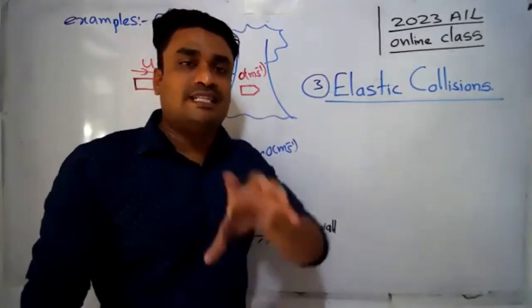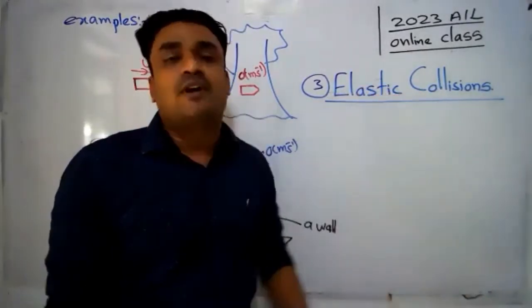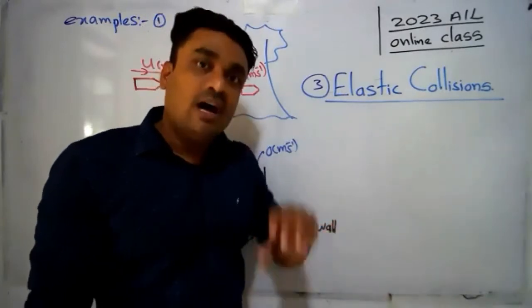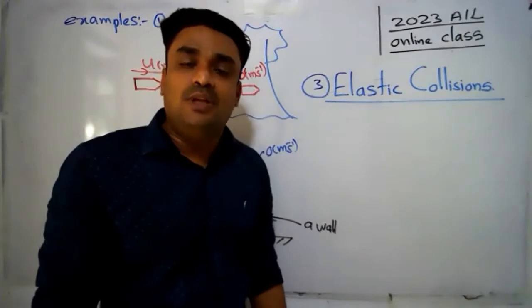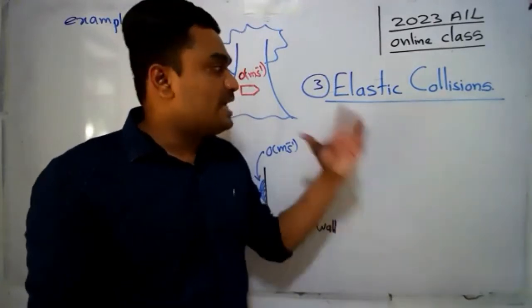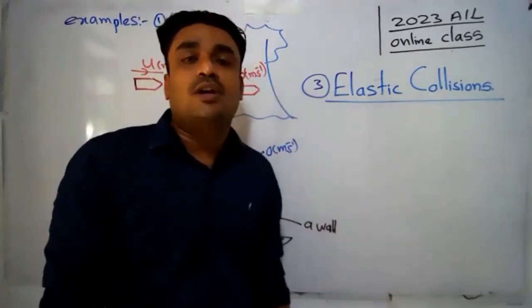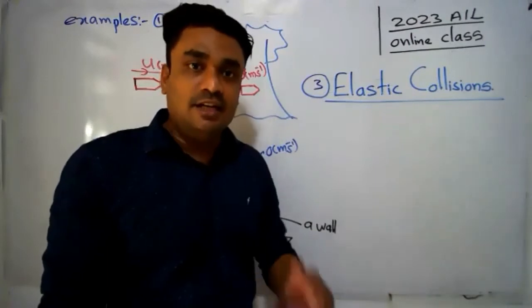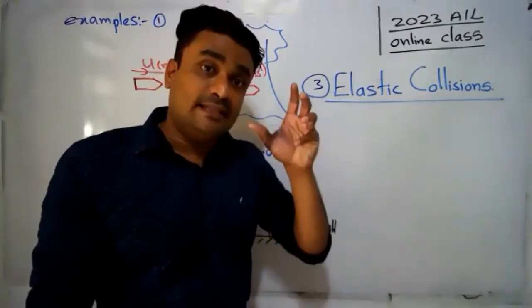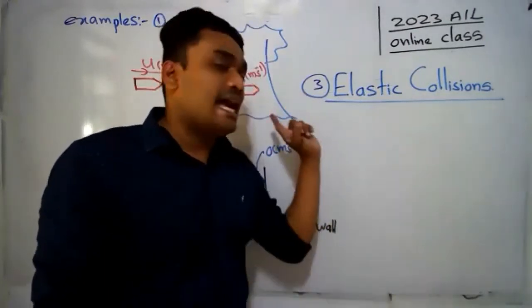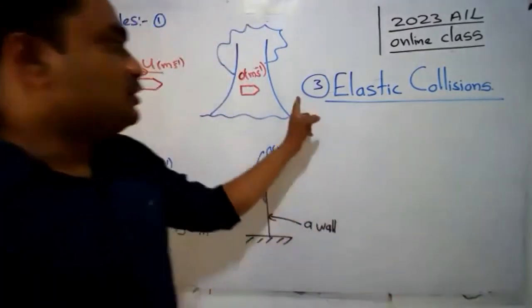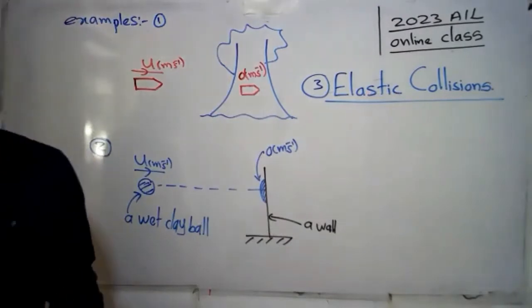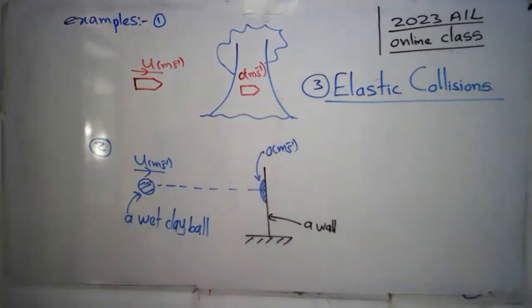If several objects had a certain amount of kinetic energy before a collision, after the collision, the same total kinetic energy will be there with the objects. So there is no change in the total kinetic energy during a collision. Then that collision is said to be an elastic collision. Clear? So put number 3 and write the third subheading, elastic collisions.